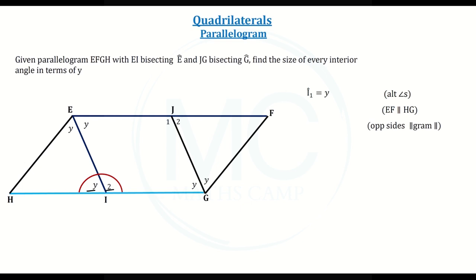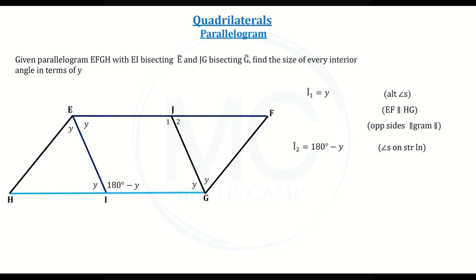If y plus angle I2 is equal to 180 degrees, then we can see that angle I2 must be equal to 180 degrees minus the y we just found. And we know that this is true because these angles lie on a straight line. Now we can take out our red arc, take out angle I2, and we can fill in the size of the angle as 180 degrees minus y.